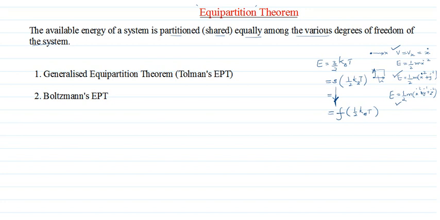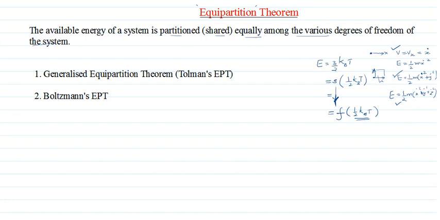Or we can say that each degree of freedom contributes, putting it in other words, each degree of freedom of a system contributes how much energy? Half kBT energy to the total energy of the system. So we can say that the available energy of the system is shared equally among the various degrees of freedom, meaning each degree of freedom contributes equally to the total energy of the system.